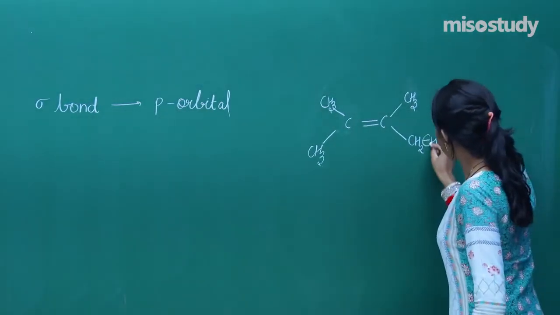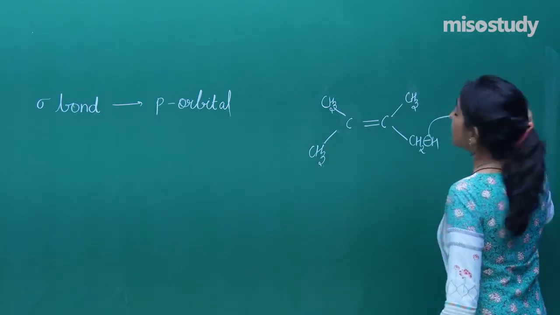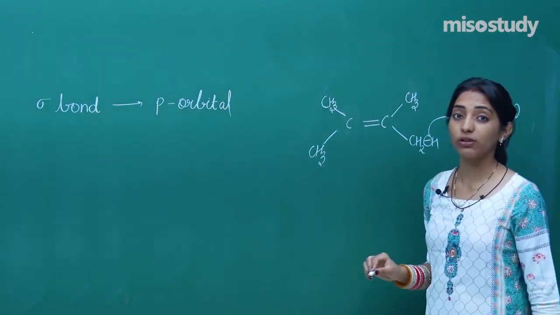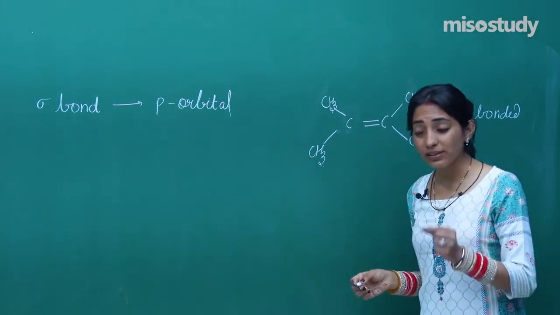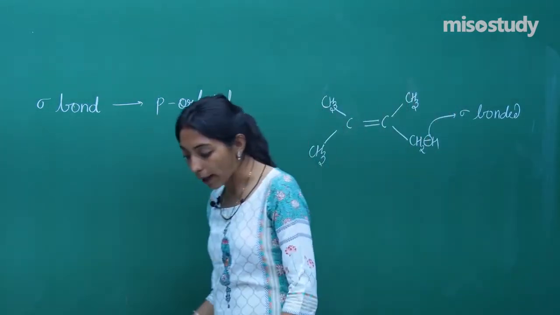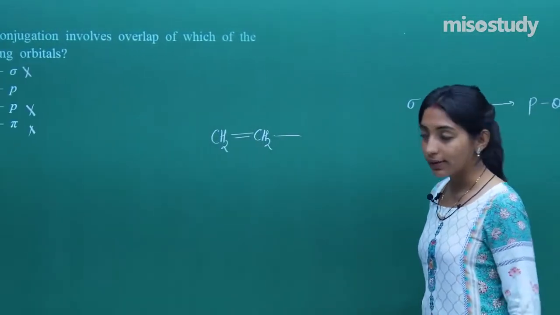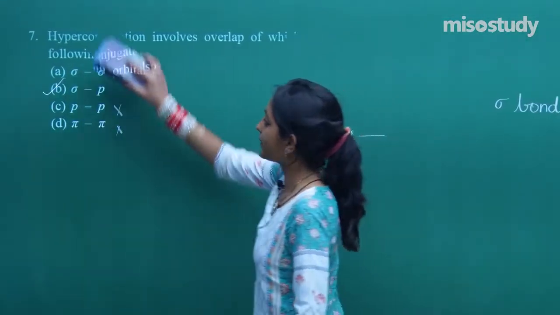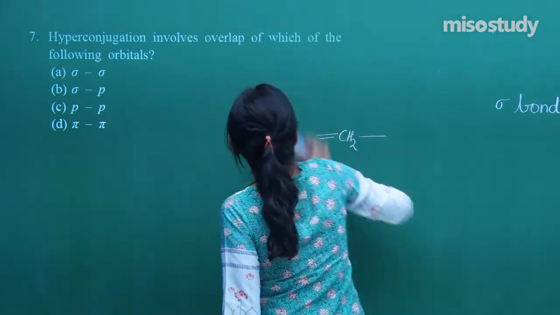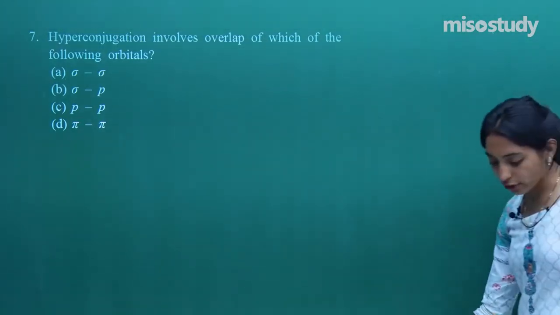Now what will happen, these sigma bonded electrons will be utilized for hyperconjugation. So the presence of a sigma bond is actually mandatory for the process of hyperconjugation to take place. Okay, that's it. This was our question number 7. Now we need to move on to the next question, question number 8.